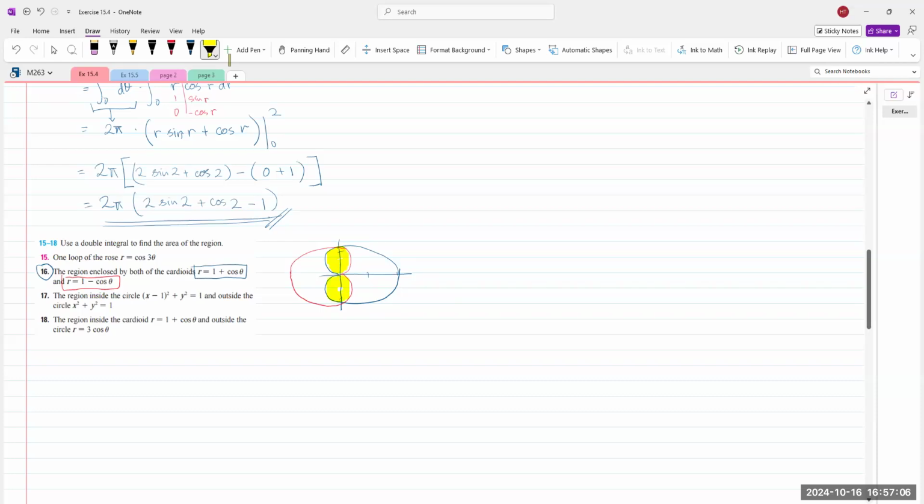Okay, now by symmetry, we need to find the area, right? So by symmetry, the area of the yellow region, the one that looks like an 8 there, is equal to the area of that part in the first quadrant.